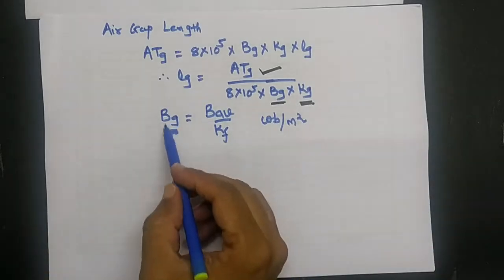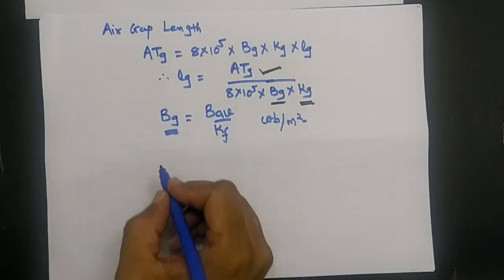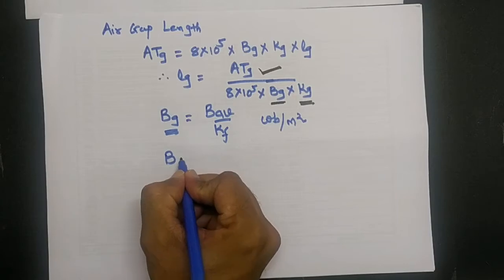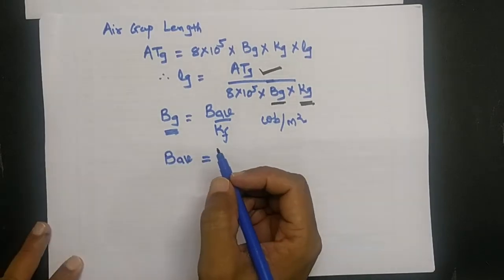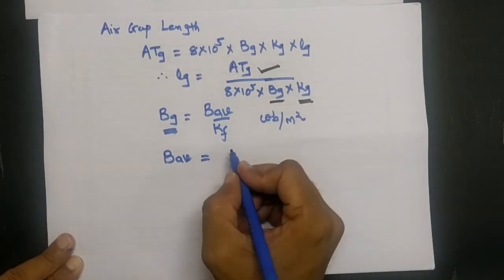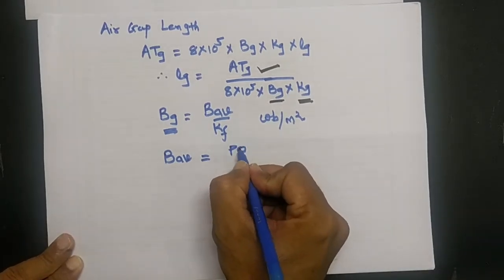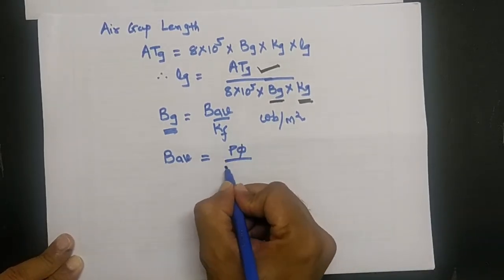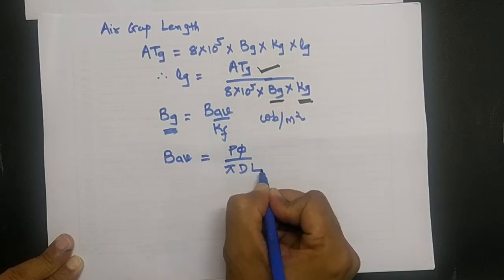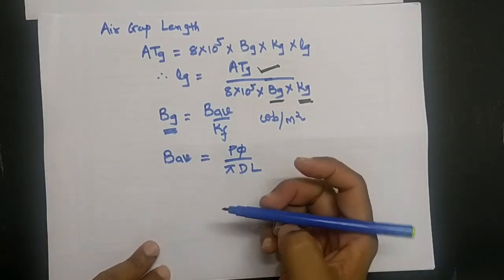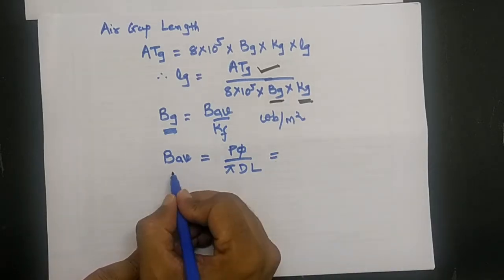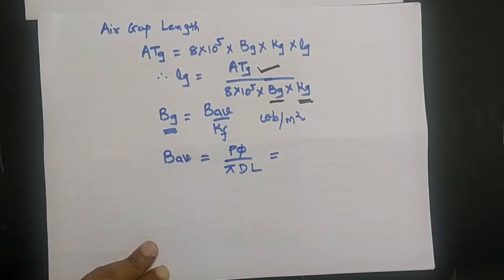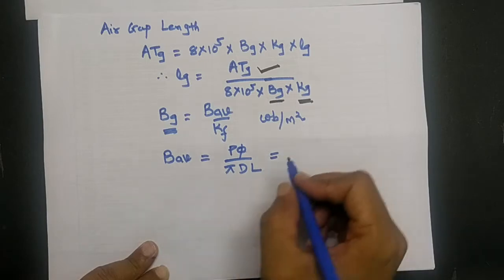To use this equation, first we have to find Bav, the specific magnetic loading, and for specific magnetic loading we have the equation: P times phi divided by pi D and L. If we substitute all the values, we get the specific magnetic loading or average flux density.